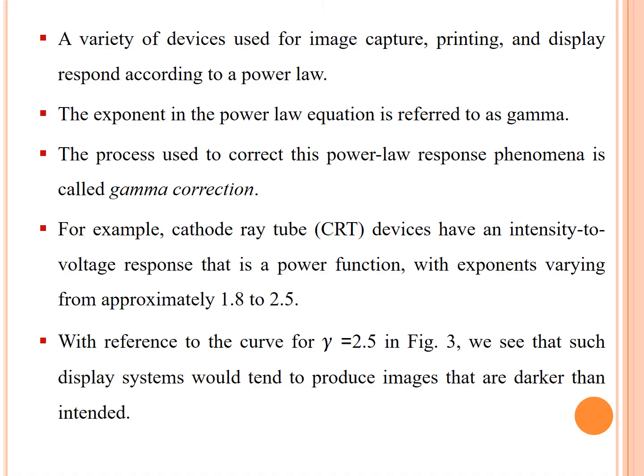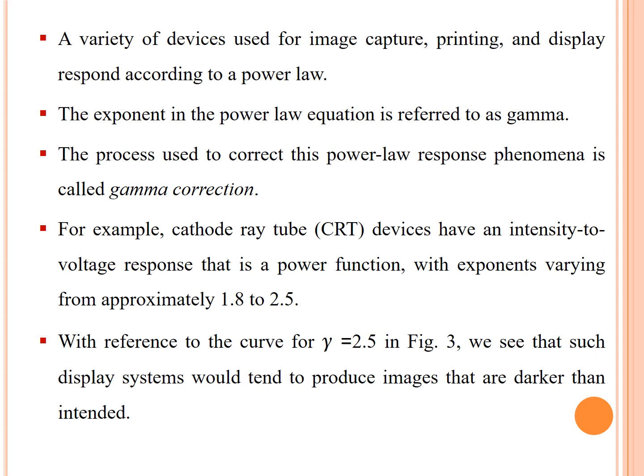A variety of devices used for image capture, printing, and display respond according to a power law. The exponent in the power law equation is referred to as gamma. The process used to correct this power law response phenomenon is called gamma correction.